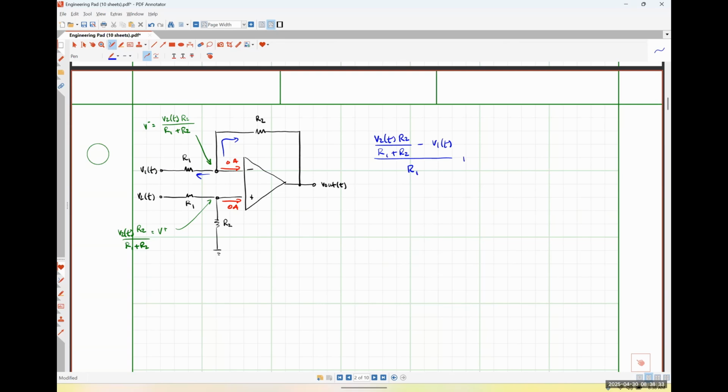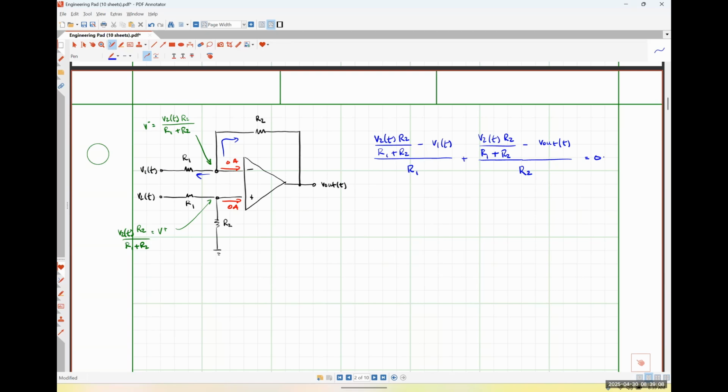And then I would have plus V2 times R2 over R1 plus R2 minus V out, and all of that is divided by R2. And I'm going to set this equal to 0.